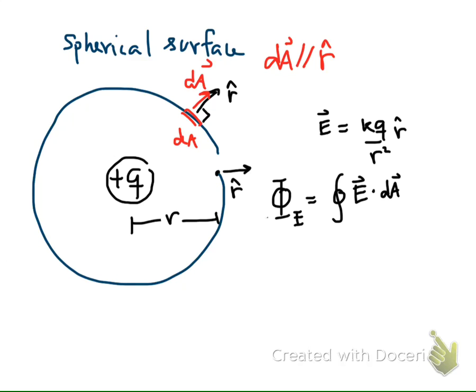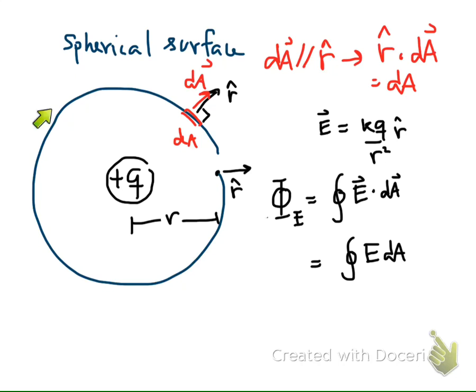But since dA is parallel to the unit vector r, r dot dA is equal to dA, since the magnitude of the unit vector r is 1, so r dot dA is dA cos 0, because dA is parallel to the unit vector r. So this integral is equal to E dA.